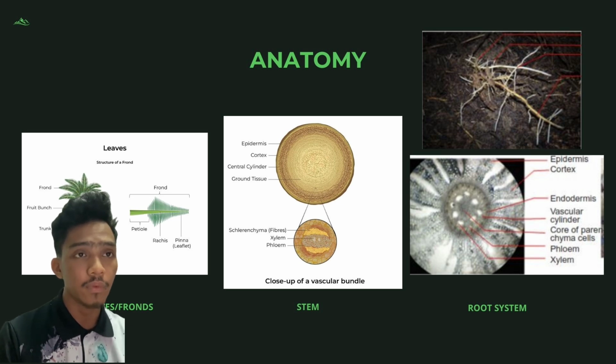The first layer is epidermis, the second is cortex, the third is cylinder, and the fourth is ground tissue. If we close up on the ground tissue, we can see a vascular bundle. In the vascular bundle, we can see sclerenchyma, xylem, and phloem.